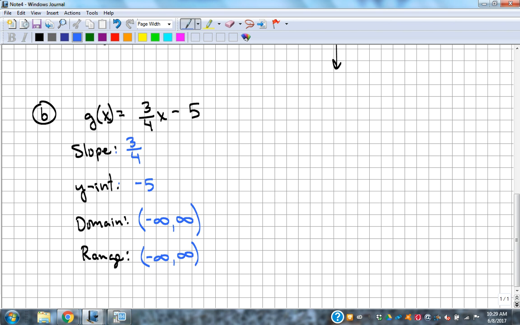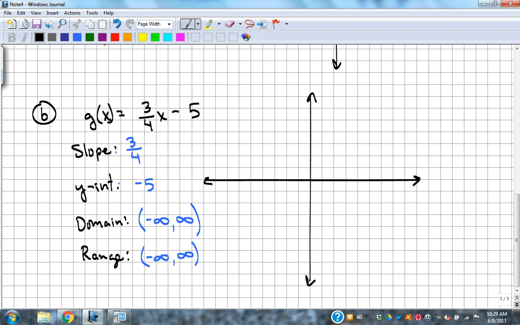But as far as if it's in this y equals mx plus b form, that's the domain and range. It's always going to be that. Now, draw it on the graph, and then I'll show you on the calculator how you can graph one, just so you can check yourself and make sure you graphed it correctly.